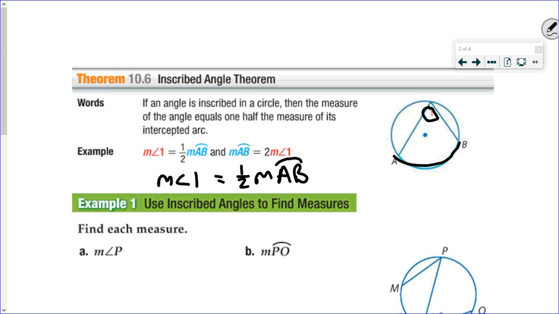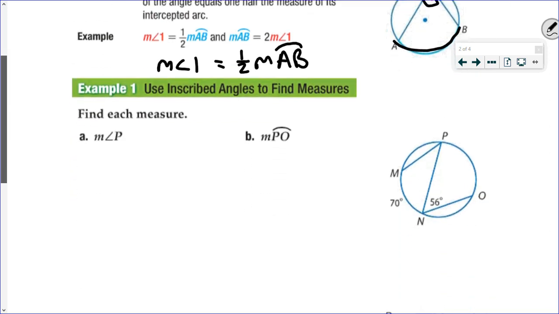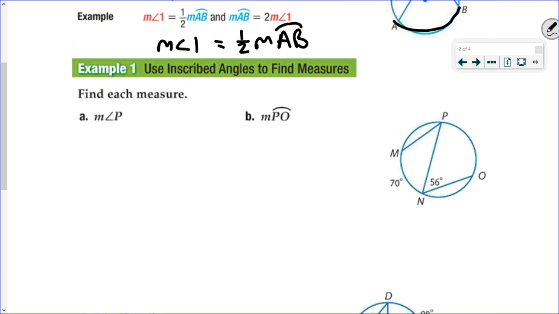And so example 1 just uses this theorem 10.6. Uses it both ways. So here, part A, we're looking for the measure of angle P. So that's an inscribed angle. So the measure of angle P is 1/2 the measure of the intercepted arc. The intercepted arc for angle P would be arc MN.